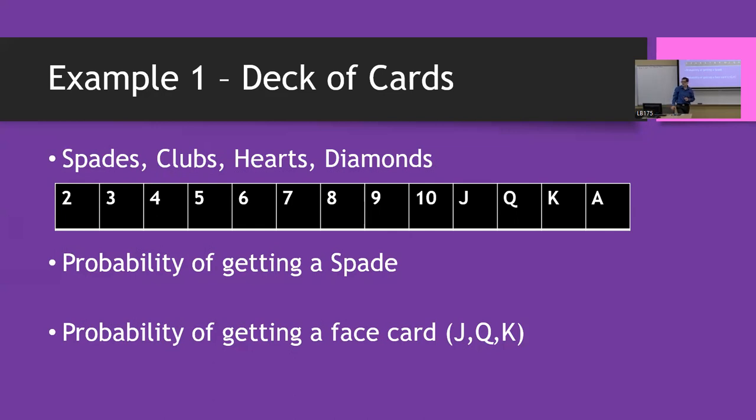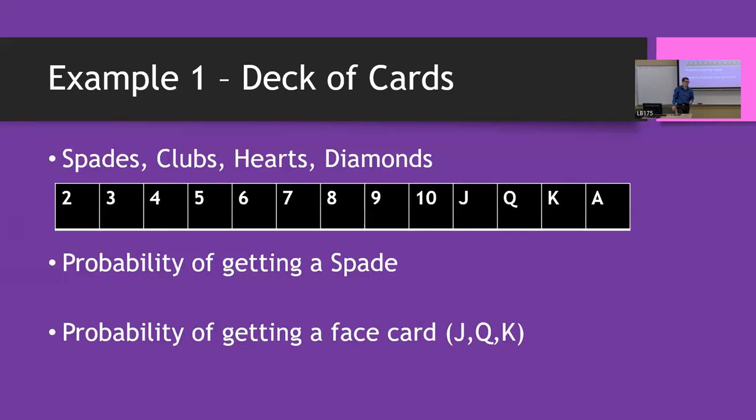And then there's also a jack, a queen, a king, and an ace. So there are 13 different types of cards in each of the 4 suits. So that means there are 4 sevens, there are 4 eights, 4 jacks, 4 queens.